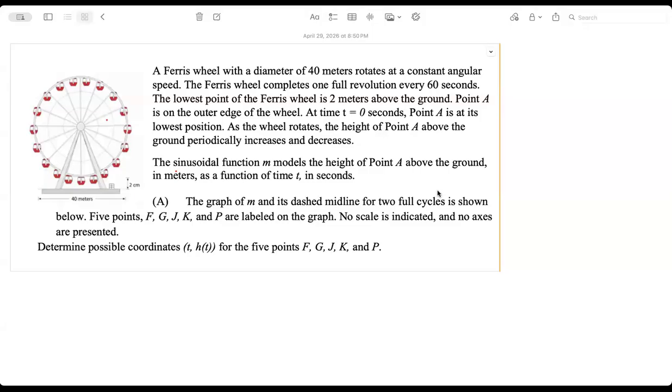Ferris wheel with a diameter of 40 meters. Do you want to try? Rotates at a constant angular speed. You want these details as well, right?